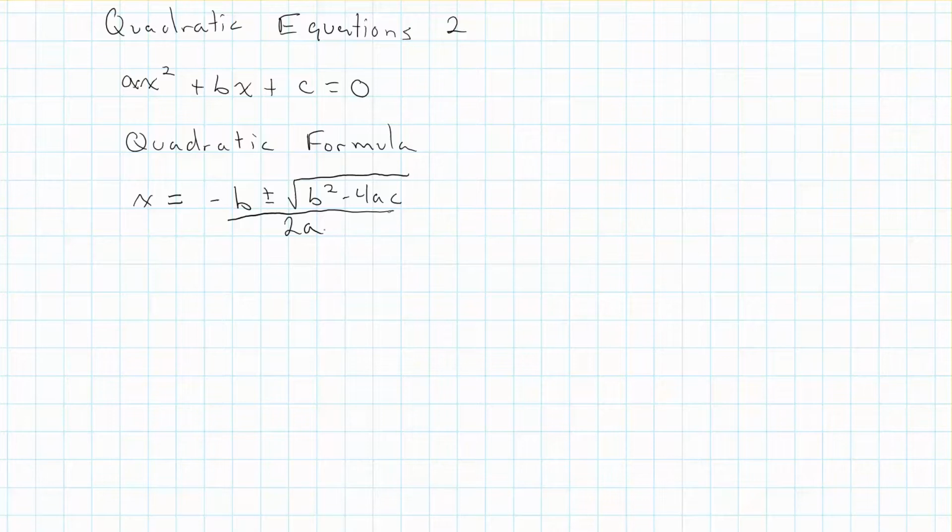So the quadratic formula is negative b plus or minus the square root of b squared minus 4ac all over 2a. Now, this quantity inside here, the square root, this b squared minus 4ac, has got a special name, and we'll talk about it later on in this video. It's called the discriminant.